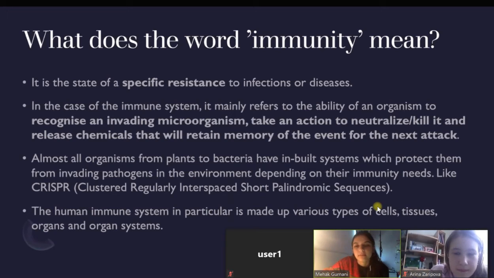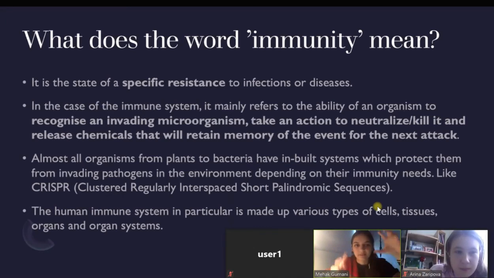But in our body, it means to equip us with resistance, like building a protection, essentially. It basically wants to protect you from different types of infections and diseases.